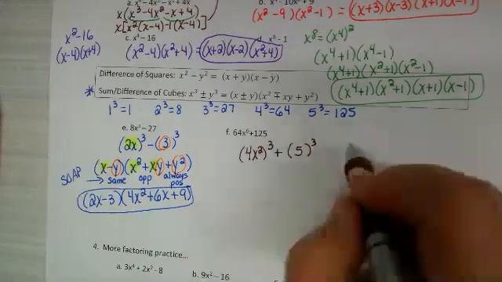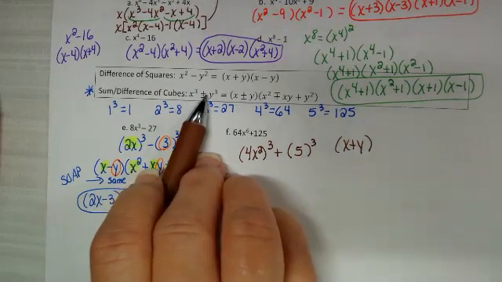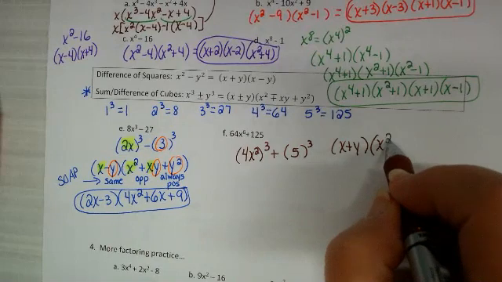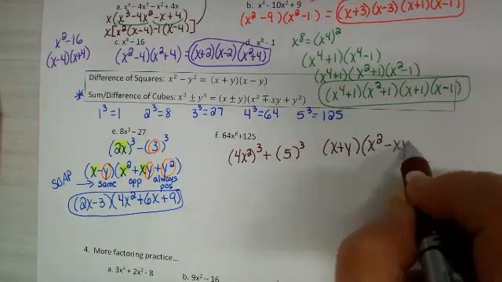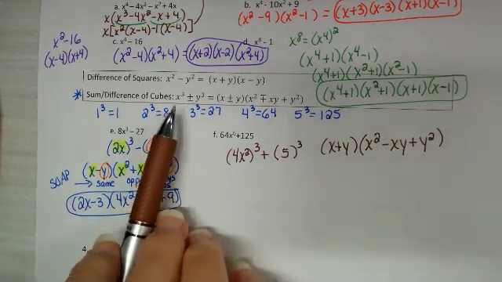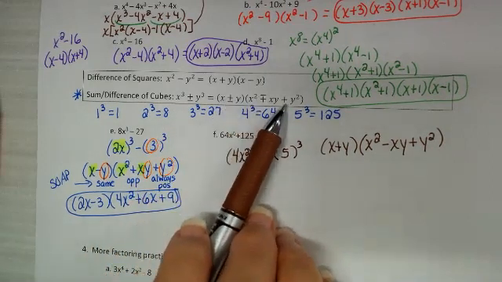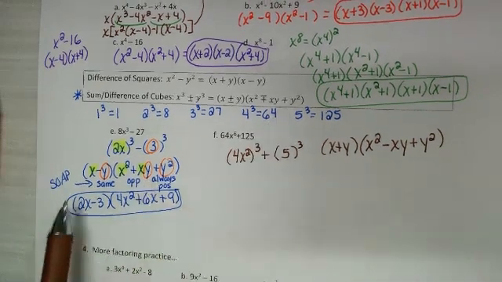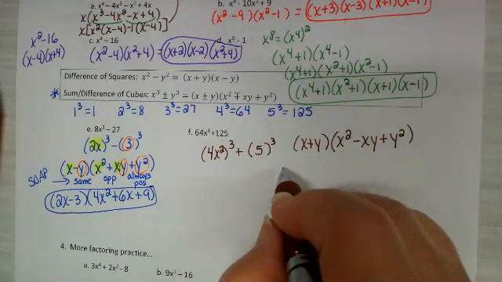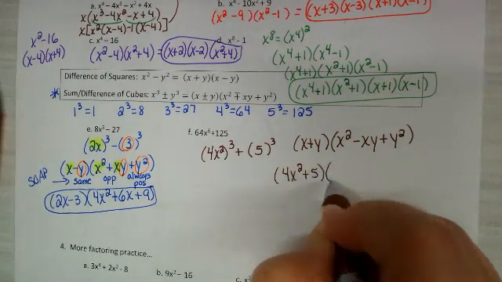So for this equation, it's x plus y, that's the one on the top, and then x squared, the opposite sign, and always positive. So the first one has the same sign, the second one's opposite, and the last one is always positive. That was our SOAP. So for this one, x plus y is 4x squared plus 5.